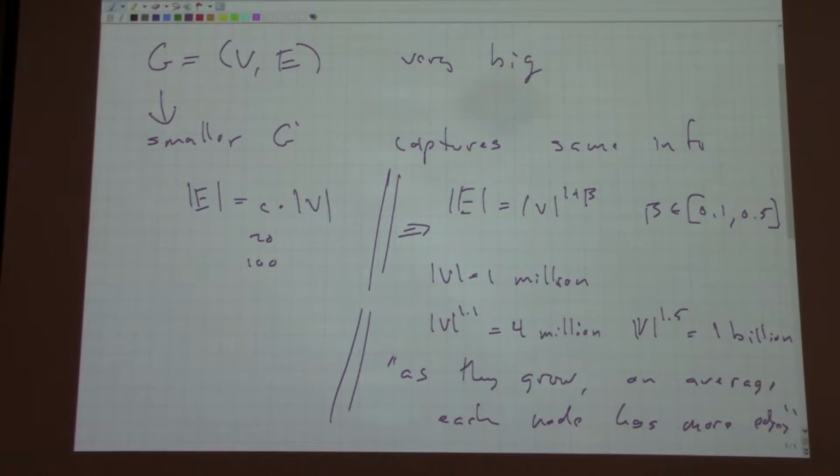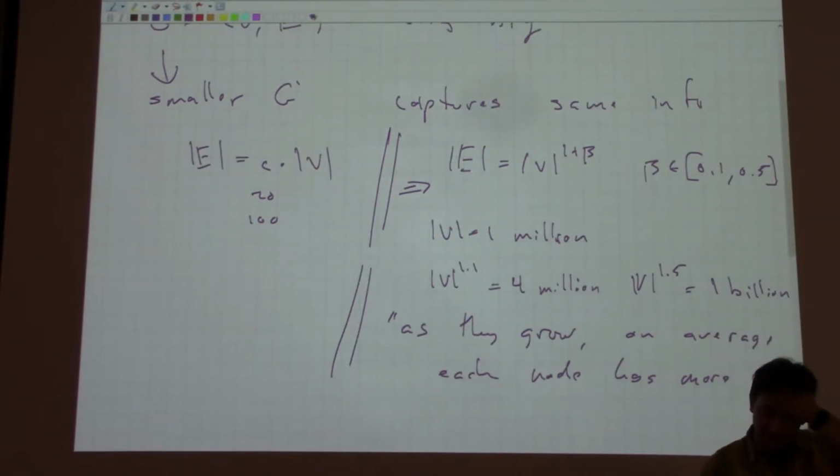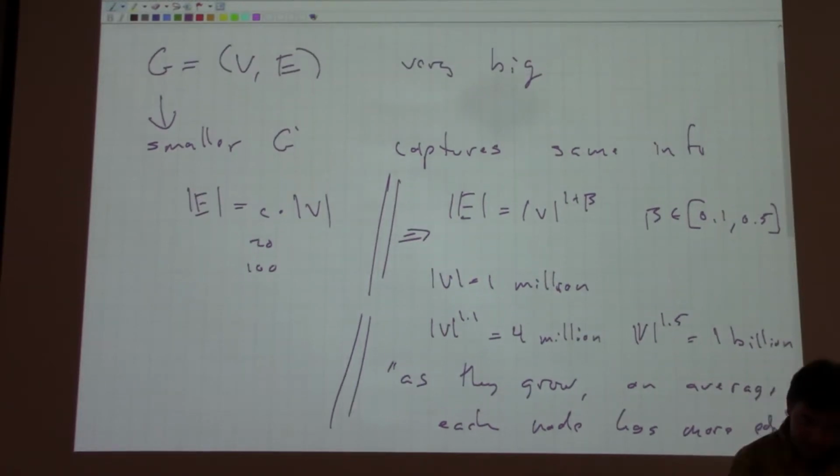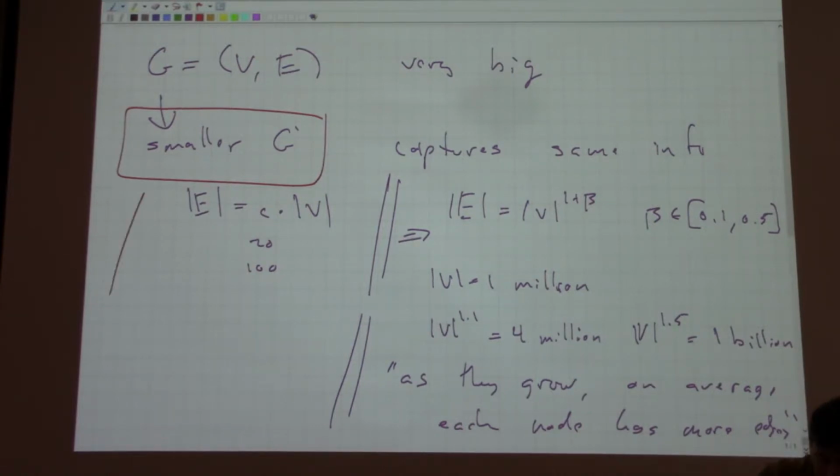If you're using this model, that the number of edges is growing with the number of vertices, then this has not been explored quite as much.